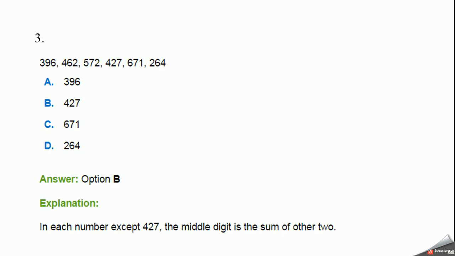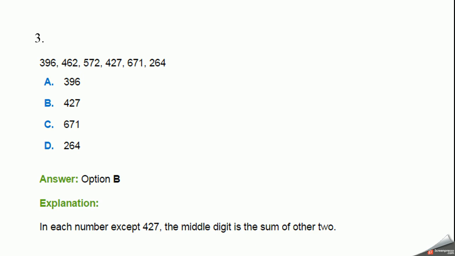Next problem: 396, 462, 572, 427, 671, 264. In this case, these are 3-digit numbers and the calculation is difficult, but there are some tricks to solve 3-digit numbers. Simply observe each digit in every number.